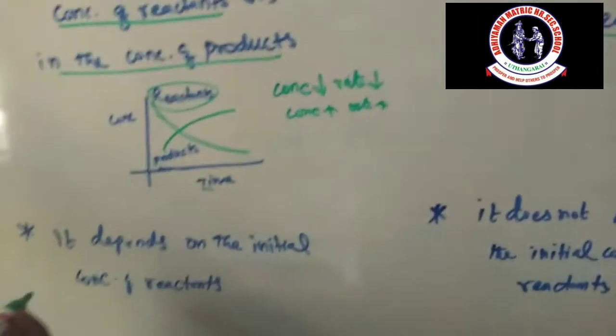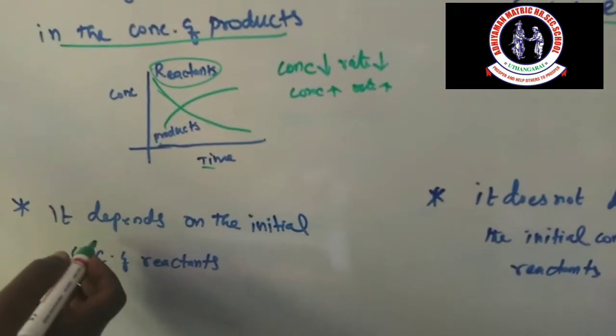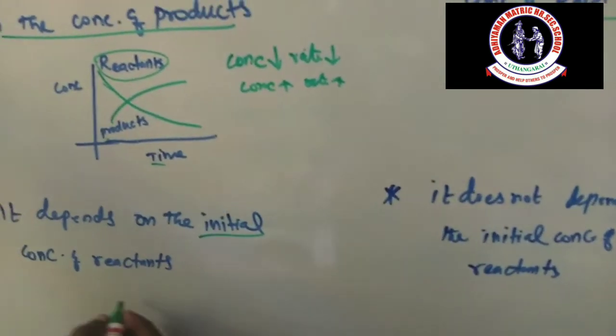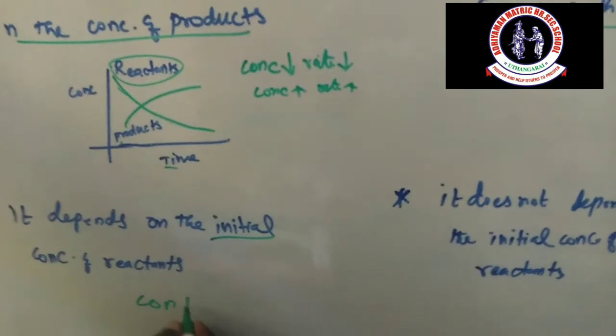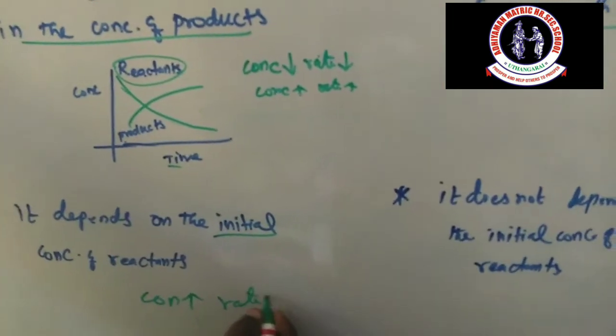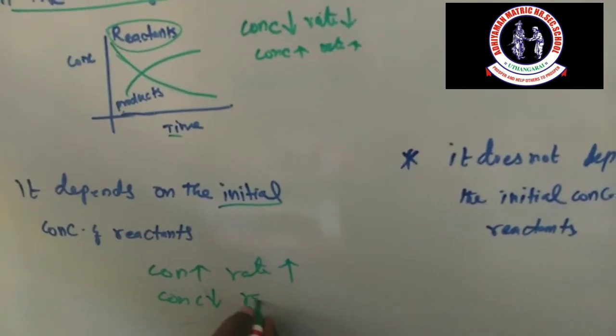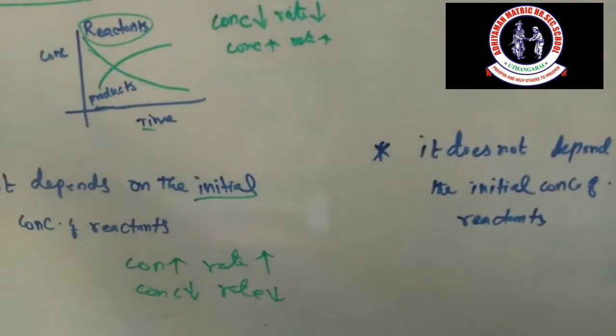Next point, the rate of reaction depends on the initial concentration of the reactant. We already know that if concentration increases, the rate of reaction also increases, and if concentration decreases, the rate of reaction also decreases.